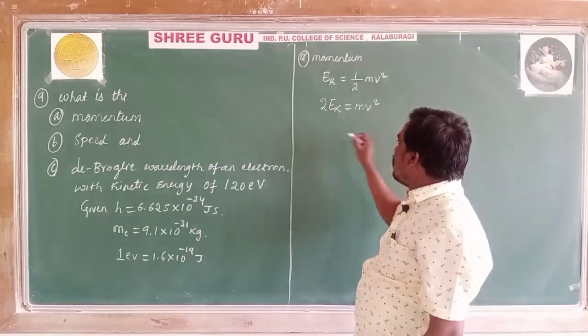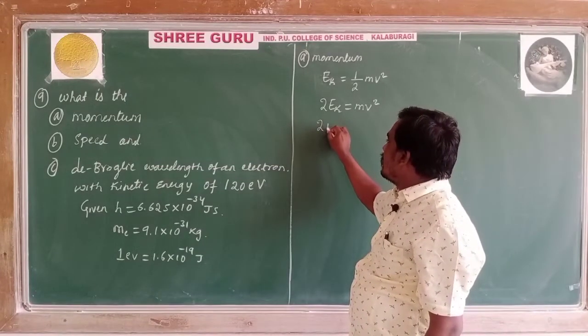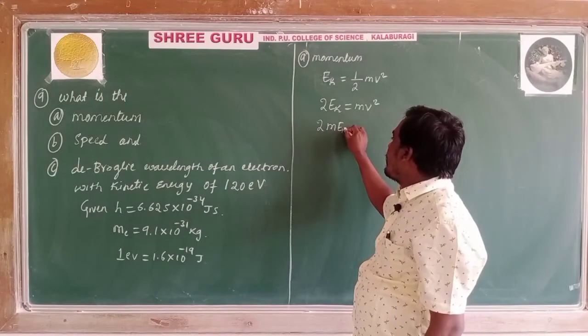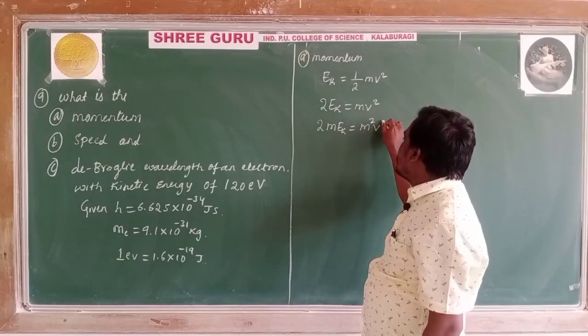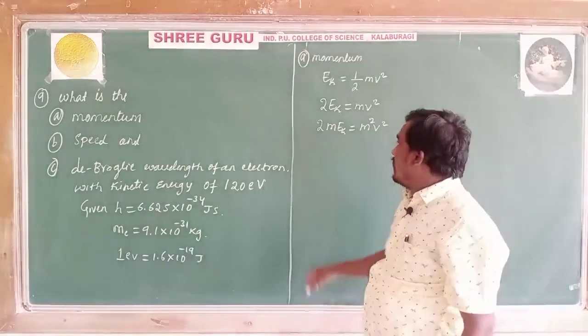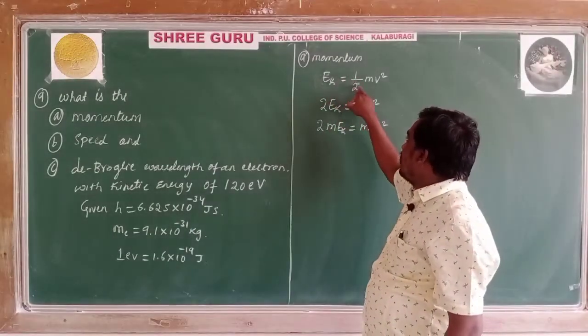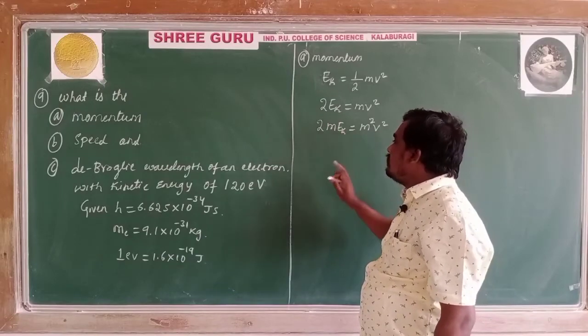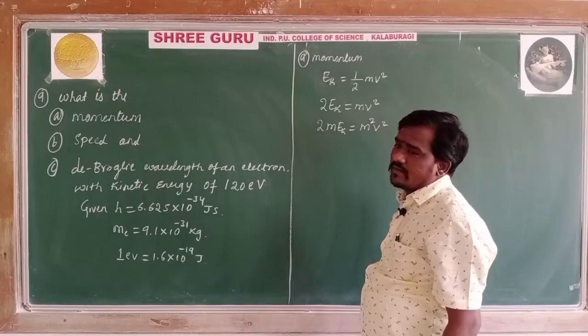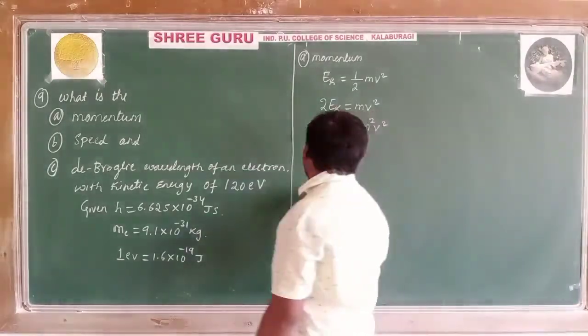Now multiply m on both sides. What happens? 2mEK is equal to m square v square. I am considering kinetic energy half mv square, and then multiplying both sides by m. It becomes m square v square. Square root on both sides.